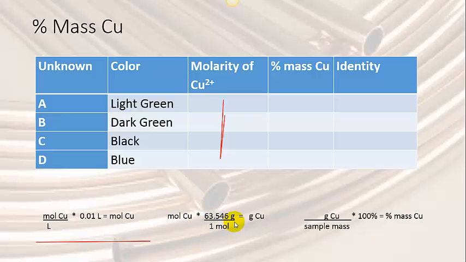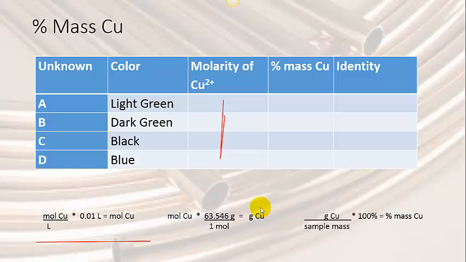If you multiply that by grams per mole of copper, and this is right out of the periodic table, 63.546 grams in 1 mole of copper. And multiply those together, moles cancel, you get grams of copper. That's your total grams of copper in that test tube. So if we divide, and again, remember, percent mass is the part over the whole times 100.